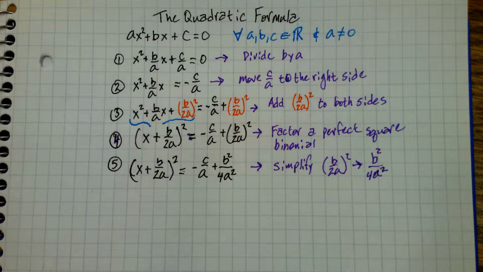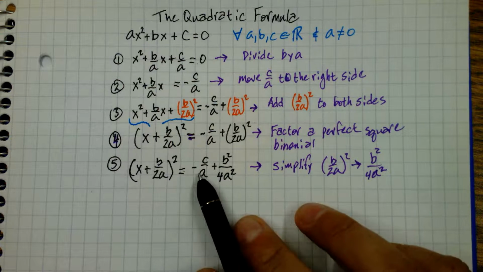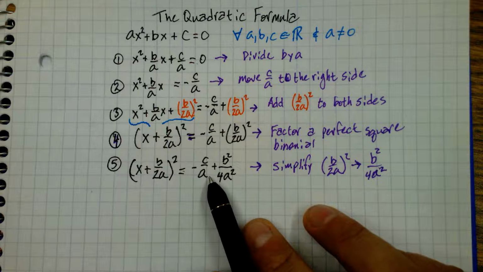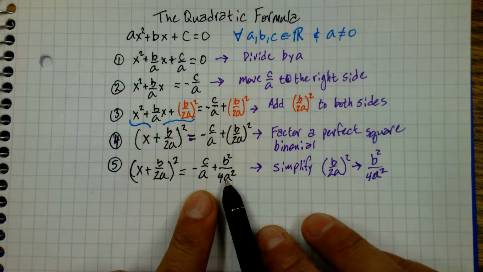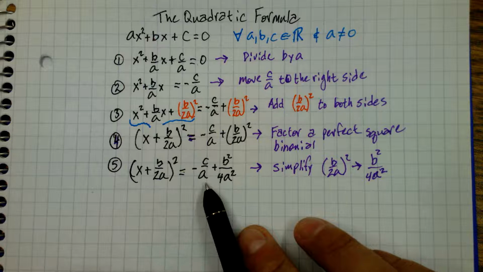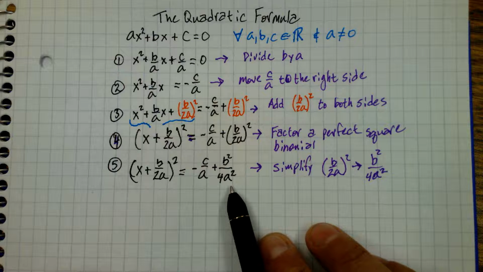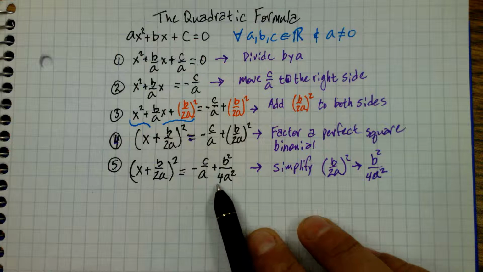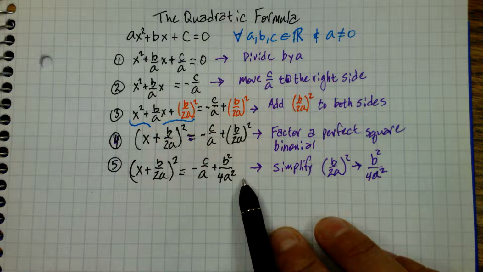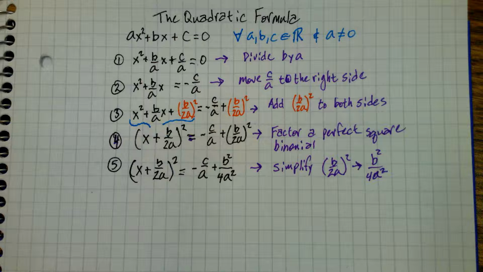Okay, so now we have a fraction on the right-hand side, and one denominator is a, and the other is 4a squared. I'd like to add this together, but I need a common denominator.